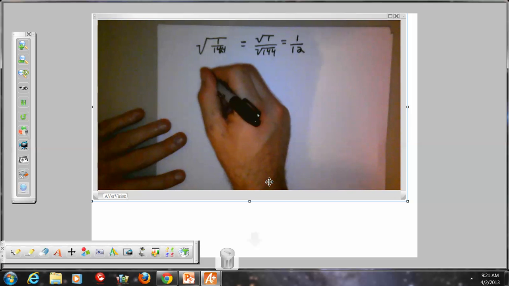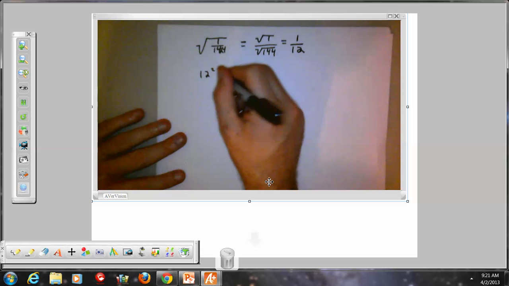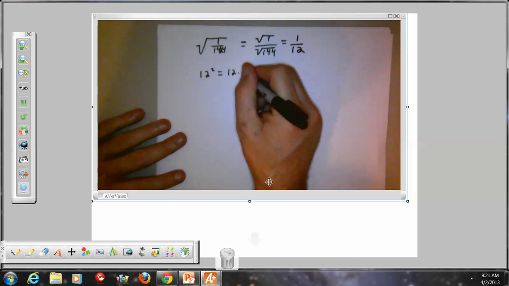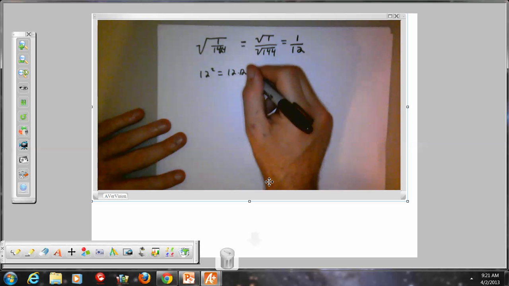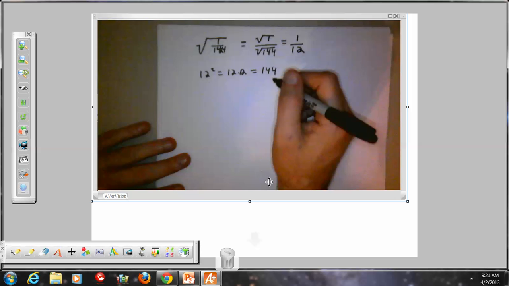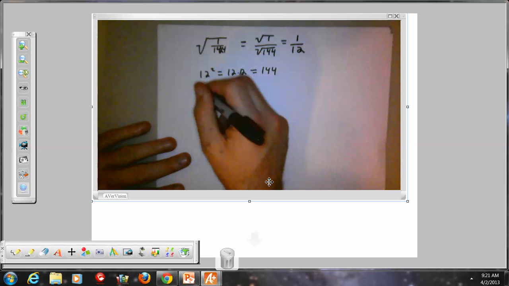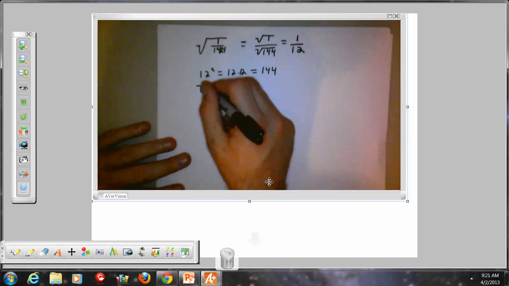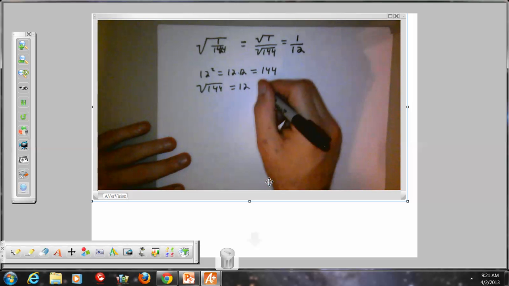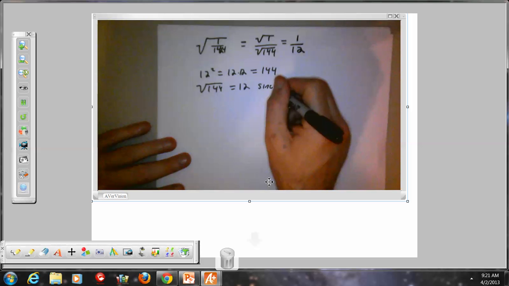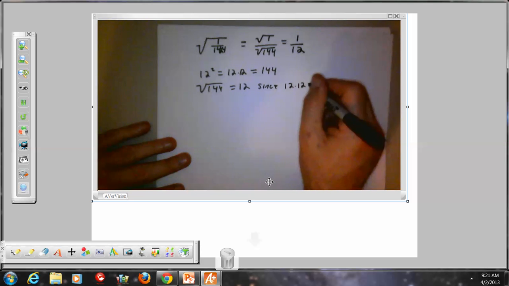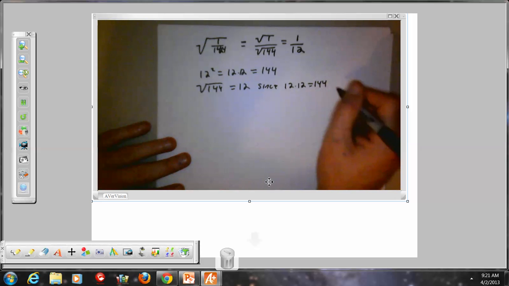So 12 squared is equal to 12 times 12, which is equal to 144. And to go the other way, the square root of 144 is equal to 12, since 12 times 12 equals 144.